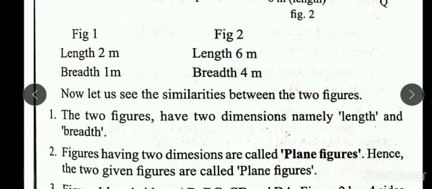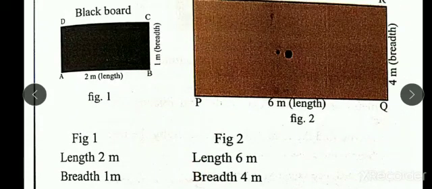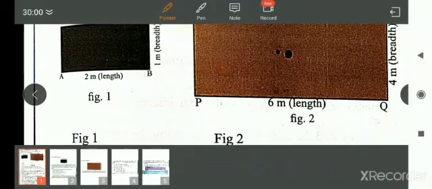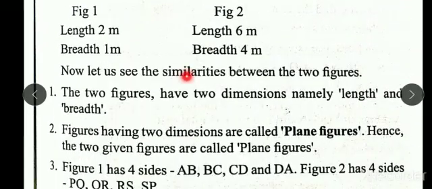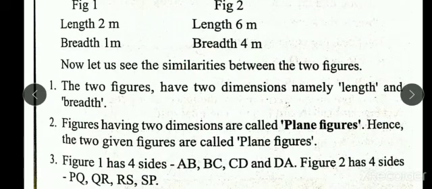Now we studied the difference between the two figures. Now let us study the similarities, some of the common properties of these two figures. Two figures have two dimensions, namely length and breadth. Figures having two dimensions are called plane figures.